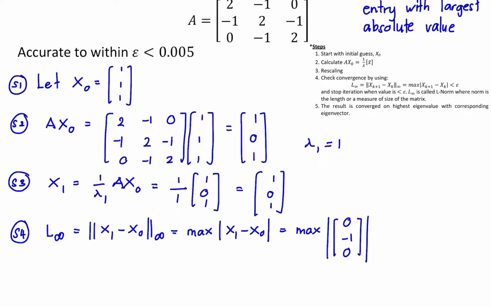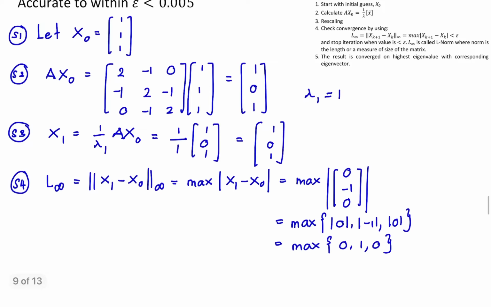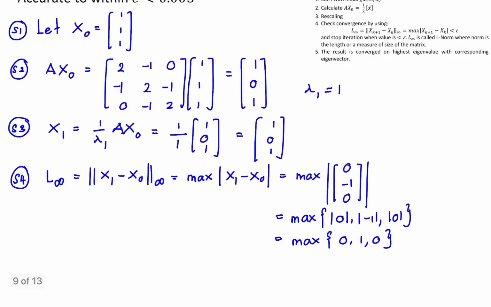Let's continue. Written as a set, that is the maximum of the absolute values of 0, minus 1, and 0, so the maximum of 0, 1, 0. Out of those three, the maximum value is 1.